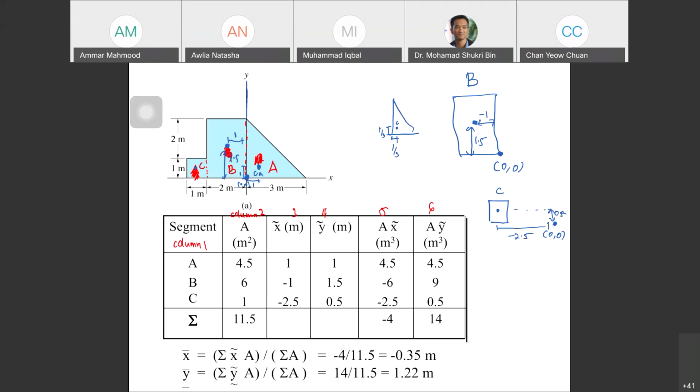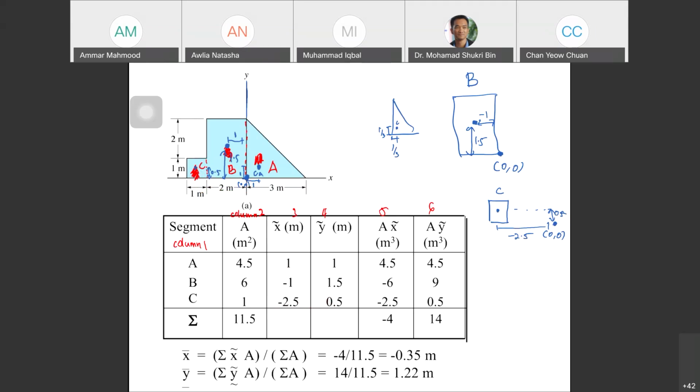Measure from the origin until the center of the small rectangle C is 2 plus 0.5, you got 2.5, minus because it's to the left of the origin. And then you have a Y bar, which is 0.5, because it's above the origin.